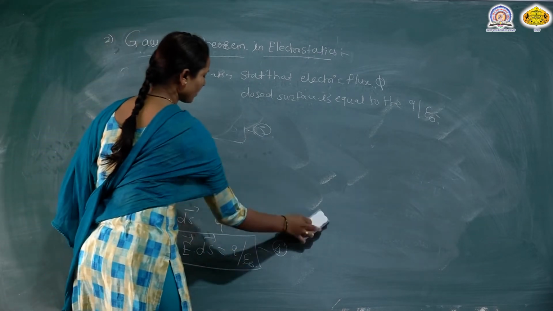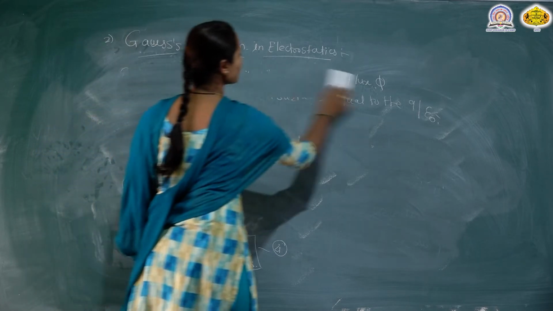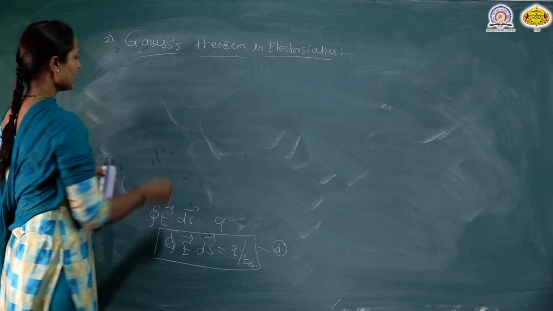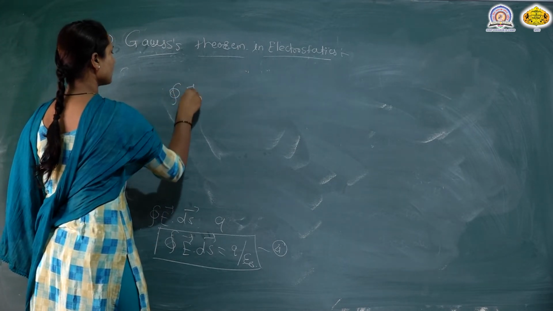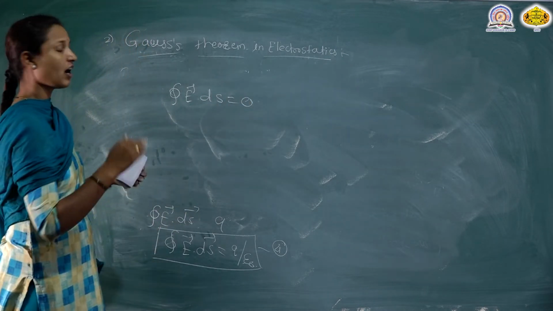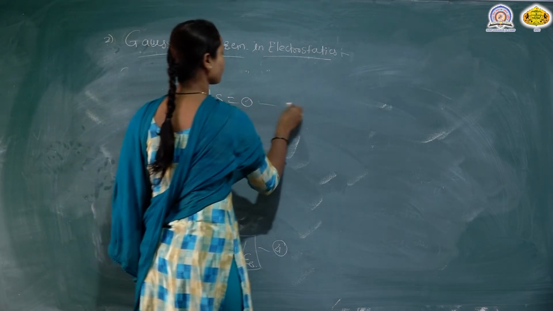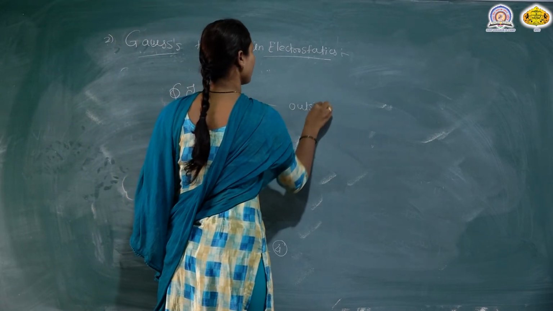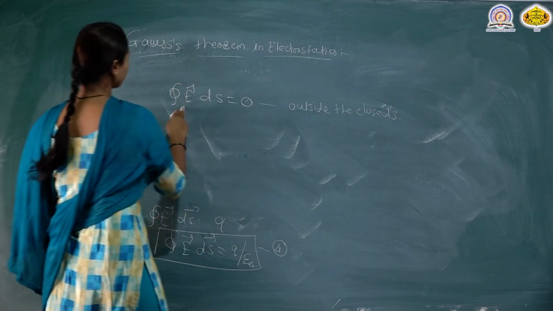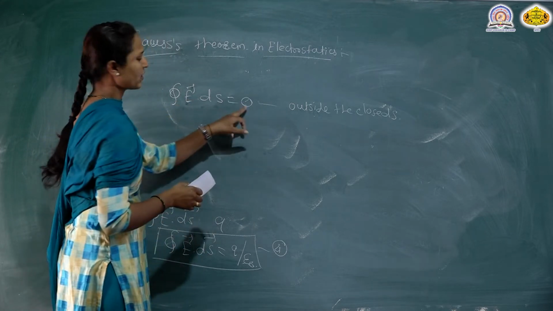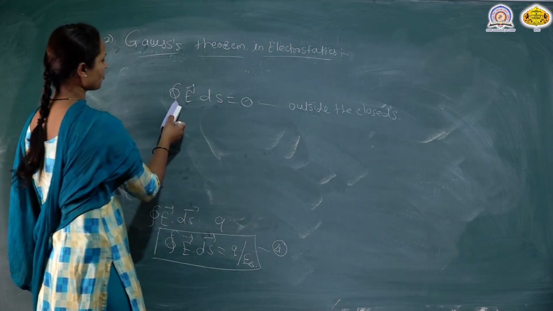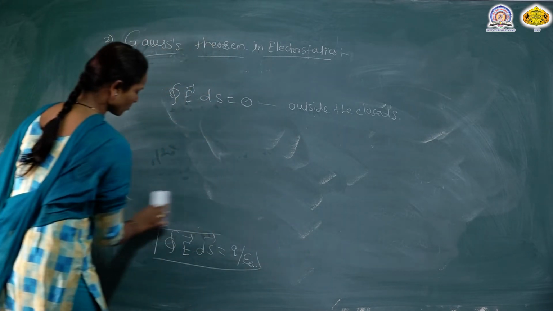For a charge outside the closed surface, the electric flux through the surface is 0. So the closed integral of E vector dot ds vector equals 0.